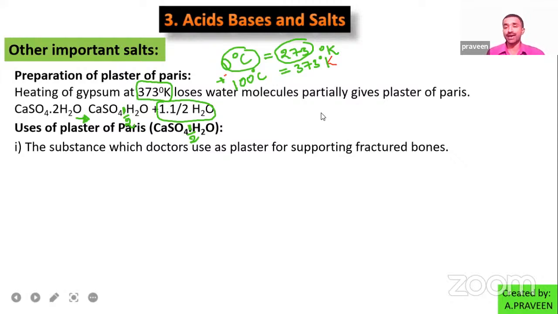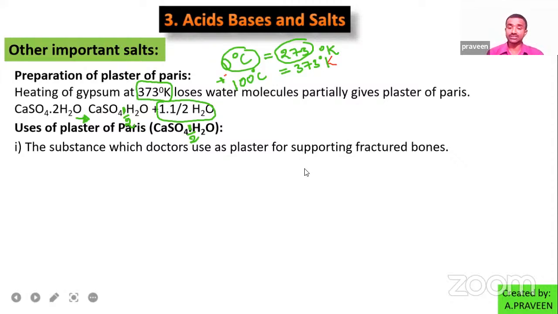So here, plaster of Paris, suppose if anyone injured, their bones may be cracked or fractured, broken. So that can be setting and used as a support for that fractured bones as a plaster. So that substance which doctors use as a plaster for supporting the fractured bones is called plaster of Paris.